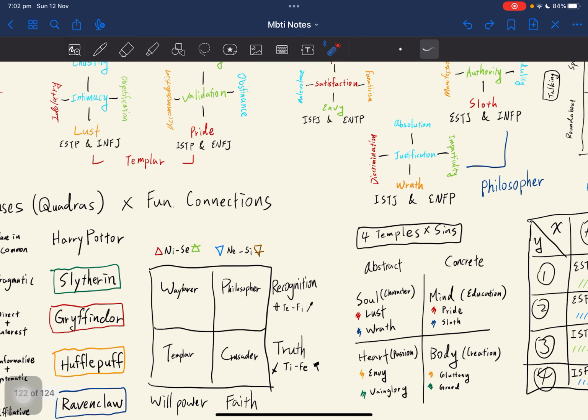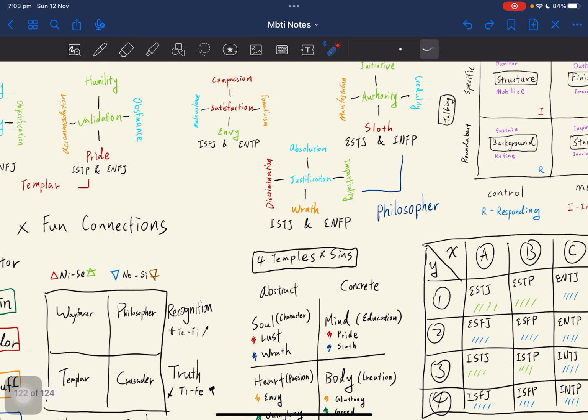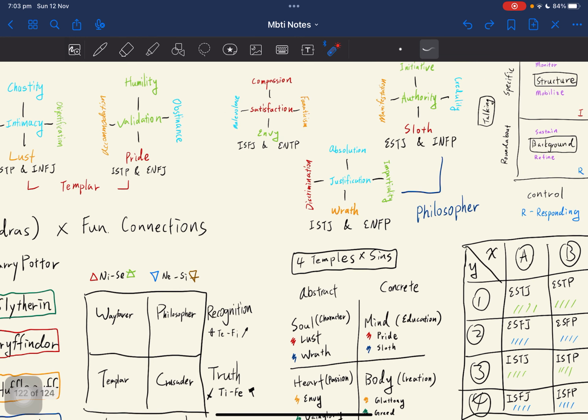Are they more focused on someone's character, or do they care about the knowledge more? So are they soul temple or mind temple? Mind temple is pride and sloth.